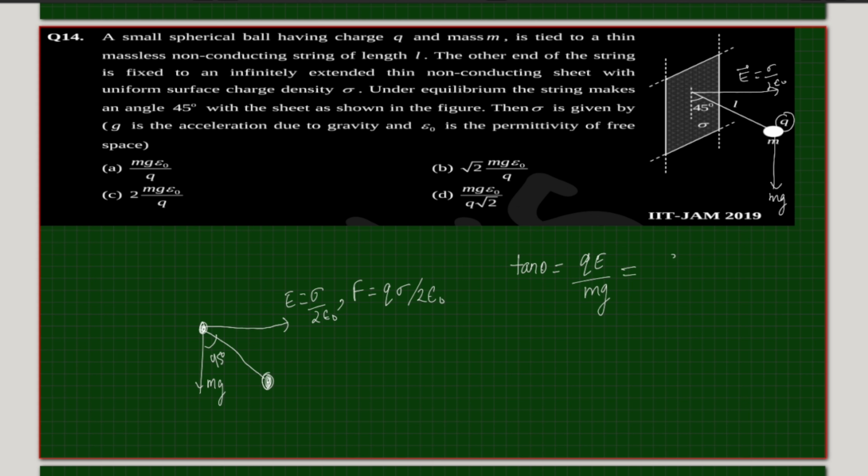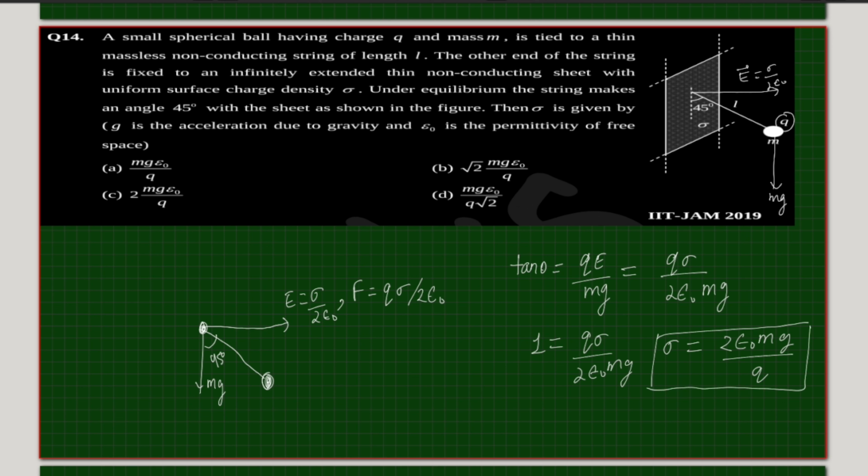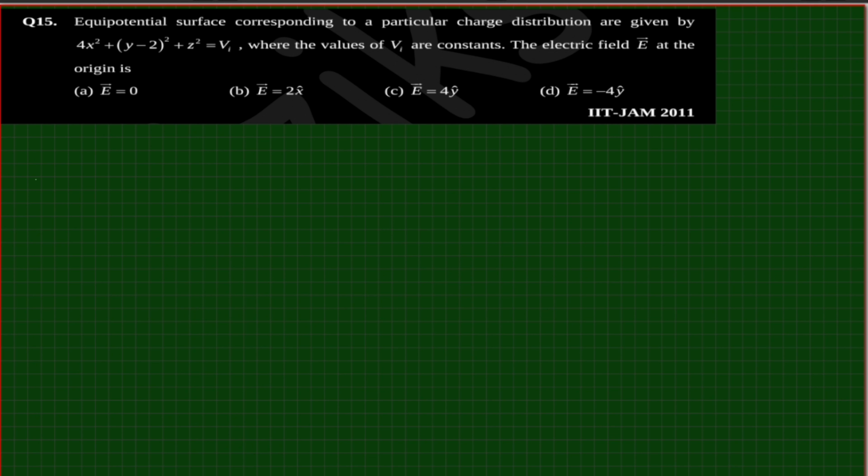That is q sigma over 2 epsilon naught divided by mg, and tan 45 is 1, so 1 equals q sigma over 2 epsilon naught mg. So from here sigma equals 2 epsilon naught mg over q. So C is the correct option. Okay, let's come to the next question.